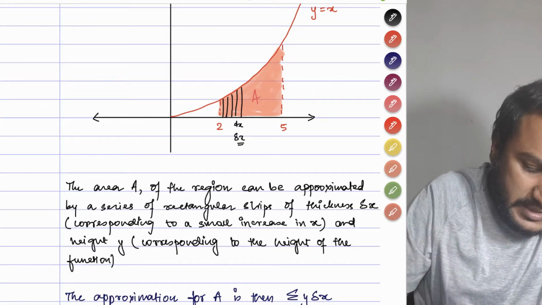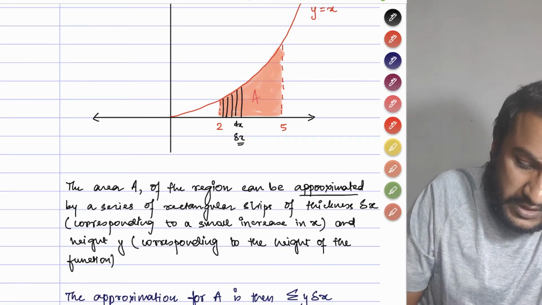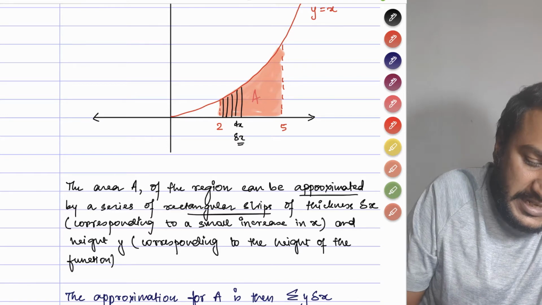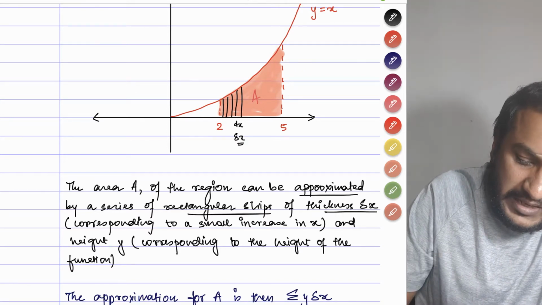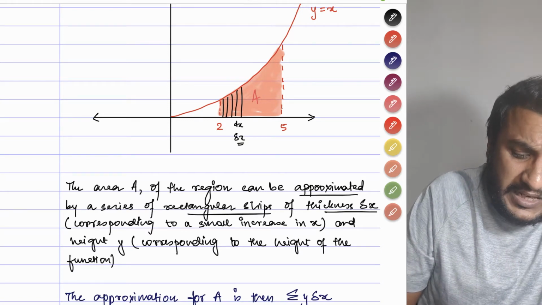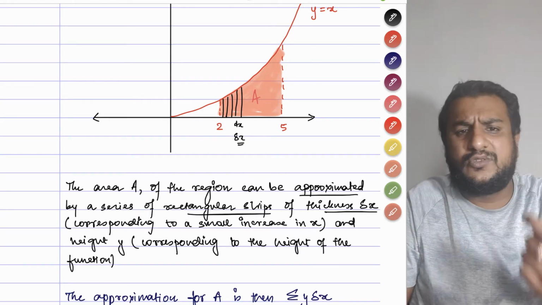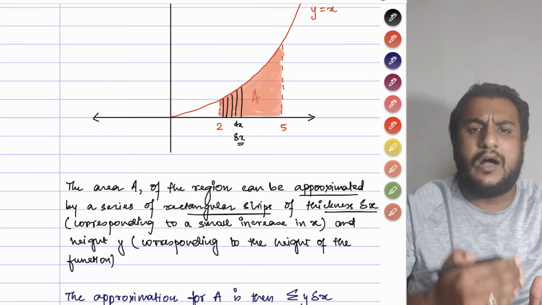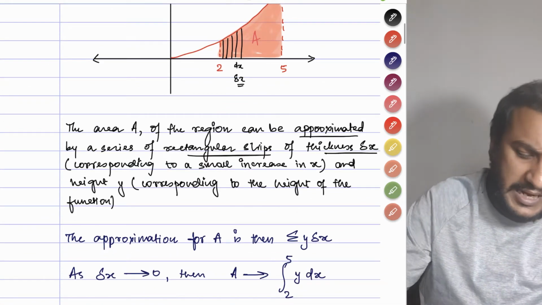So the area A of the region can be approximated by a series of rectangular strips of thickness del x, which is basically a small increase in x. So if there is a small increase in x, how is your function changing? That's the idea.